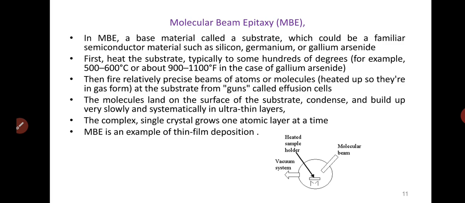The first step in this method is to heat the substrate at high temperature. Then fire beams of atoms or molecules at the substrate from guns called effusion cells.